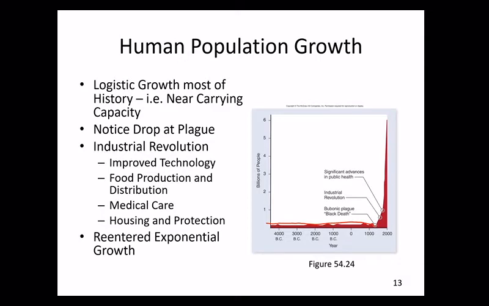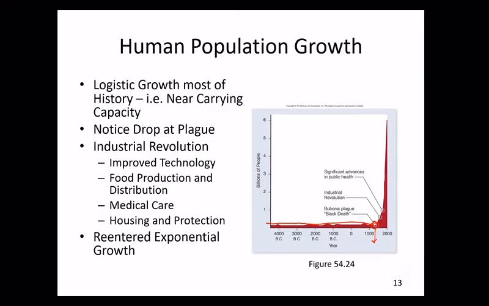But then starting here, you see first of all a big reduction, and that would be where the Black Death, so 14th century, hit, and a large number of individuals died and we lost the number of individuals that were reproducing.